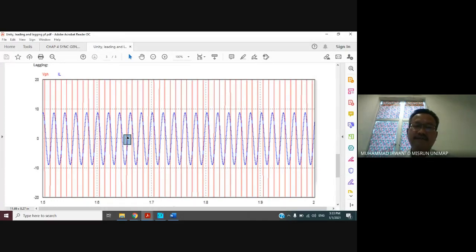So that is for lagging, if you draw it in the waveform. How do you draw it in the phasor diagram?